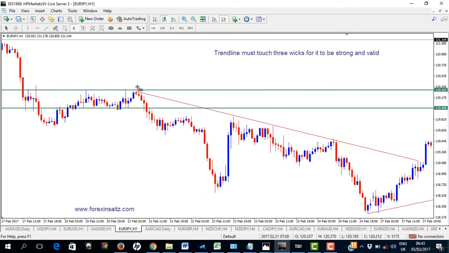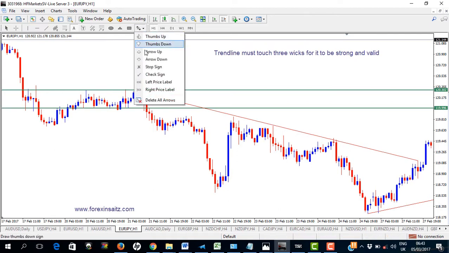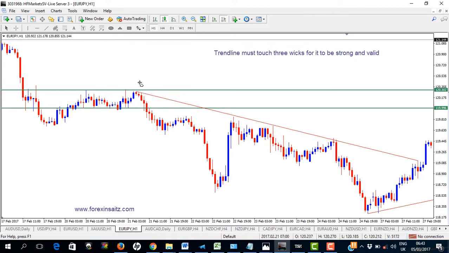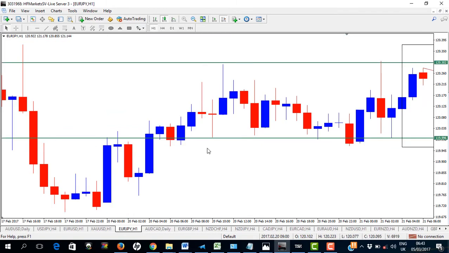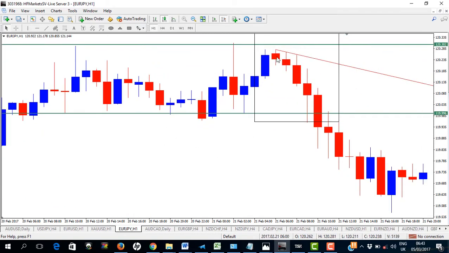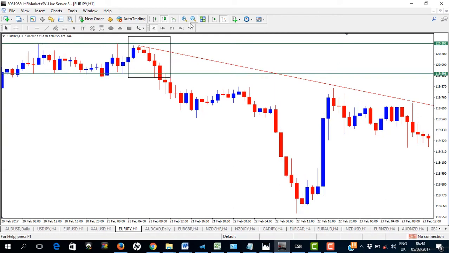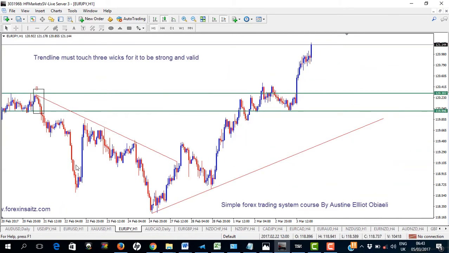Yes, it touches 3 lines. Your trend line must touch 3 points. We have the 1, 2, and 3, so this is a valid trend line.